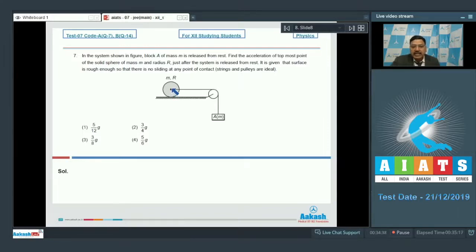So let's assume that the center has acceleration a towards right. That means this block A has acceleration small a again vertically downward. So if I write the equation for the block first, we see that for the block the equation can be written as mg minus T, let's assume that it has acceleration a downward, is equal to ma, where T is tension on the block in the upward direction and the weight of course is mg.